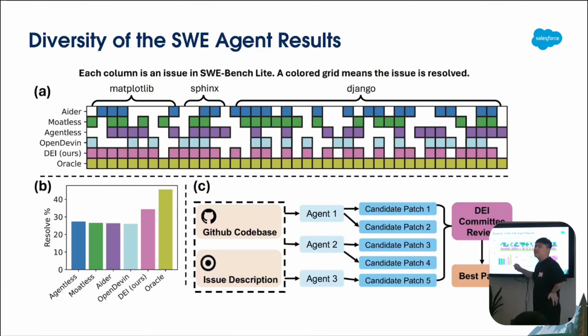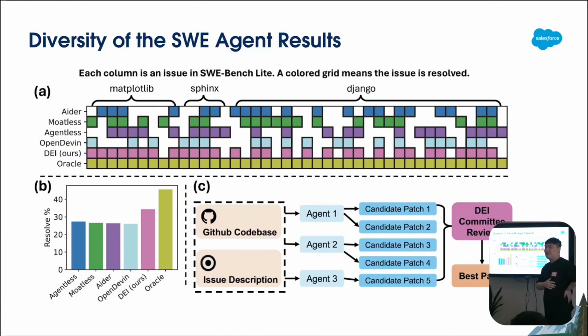The white ones mean they are not able to be solved. You can imagine this is basically a summarization of the current SOTA agents on SWE-bench. You'll see that even though they are using very similar frameworks and very similar designs, they have completely different pass-based success on different issues.